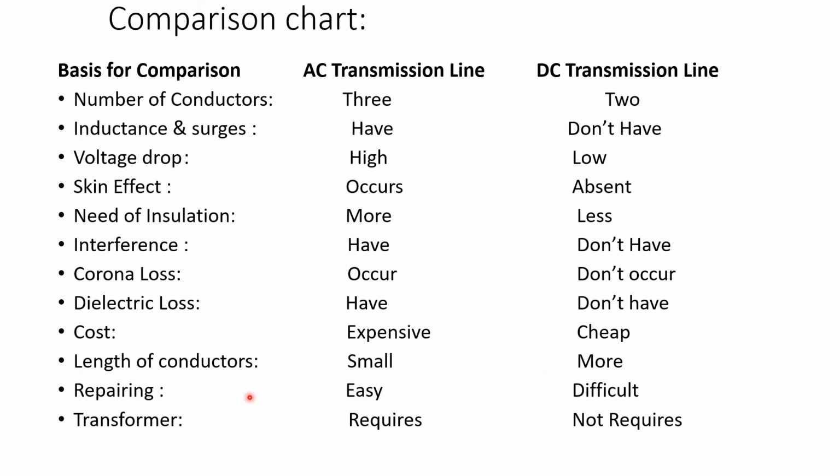Okay, the length of conductors will be very small in AC transmission, but DC transmission can be used for long transmission of electrical power. AC transmission is normally done with short or medium transmission lines. That means the length of conductors will be very small in AC, and very high in a DC transmission line.